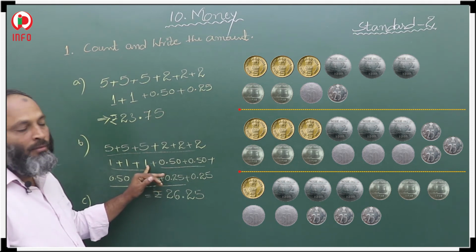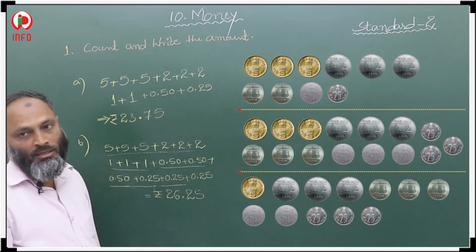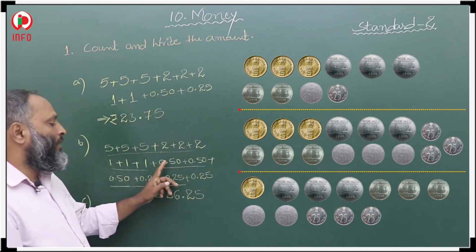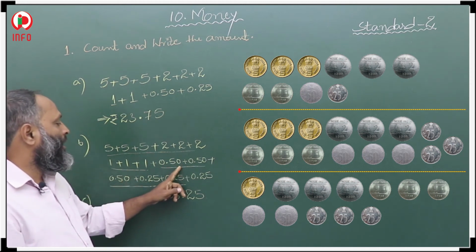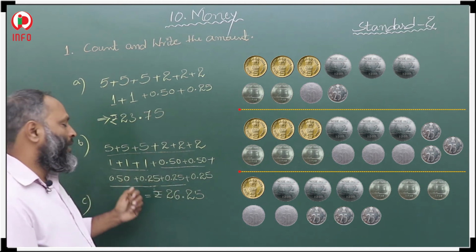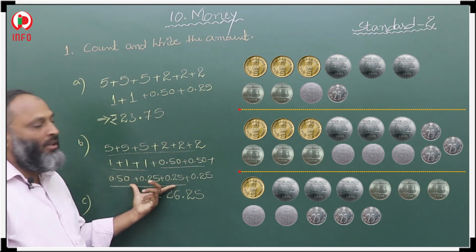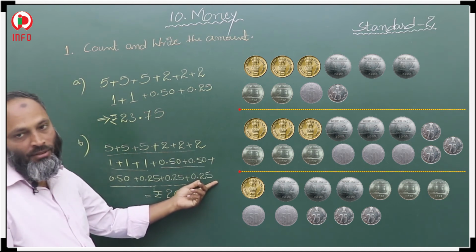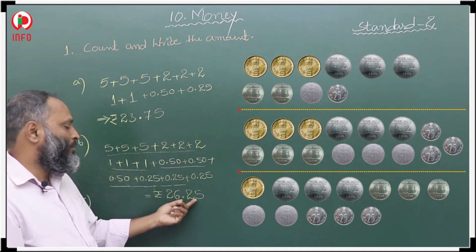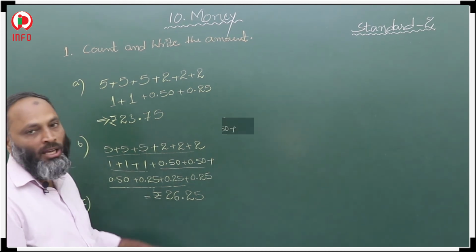Then 3 fifty-paisa coins and 3 twenty-five-paisa coins are given. The two 50 paisa coins make 1 rupee, so till here you get 25. And 50 paisa plus 25 plus 25 makes 100 paisa, so 25 plus 1 is 26, and this 25 paisa is left. So 26.25 is the total amount.